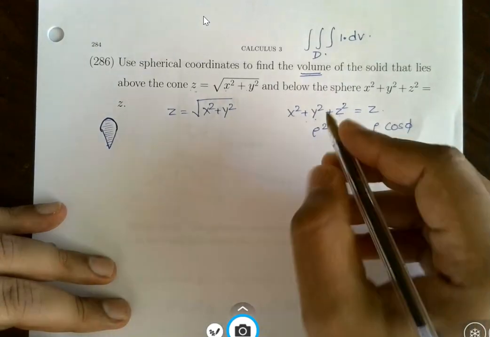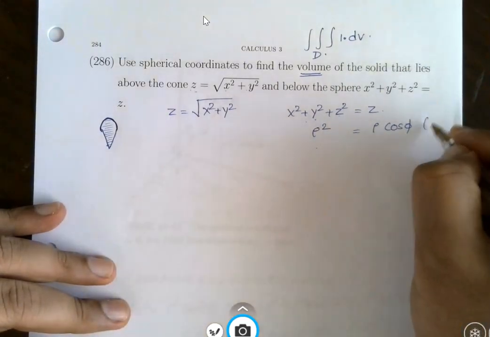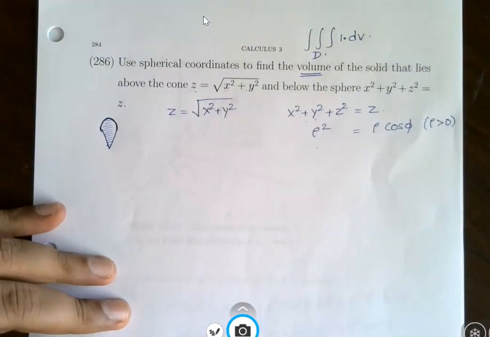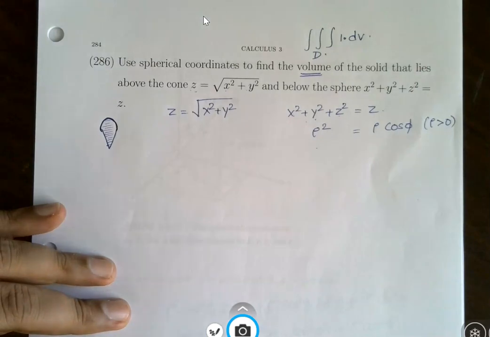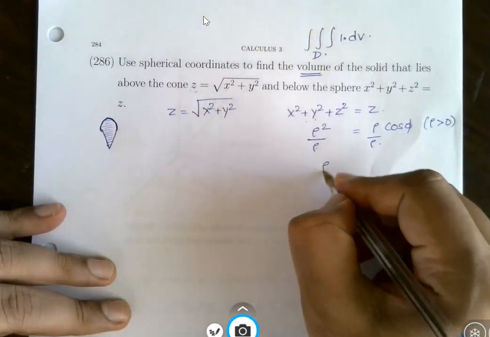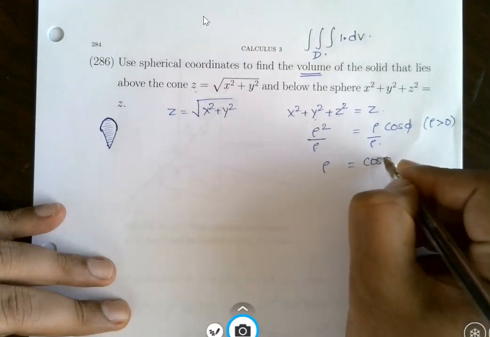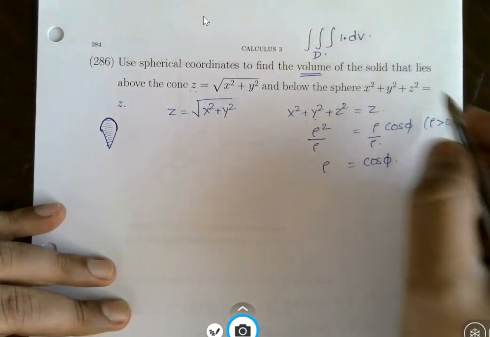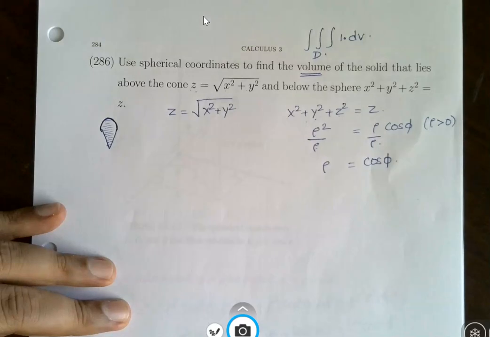Remember I said rho has to be bigger than 0 because rho is the radius of the sphere. If it is equal to 0, then there is no sphere, and the radius can't be negative. So you can divide both sides by rho, and you get rho equals cosine phi. So rho from 0 to cosine phi could be one of our limits.